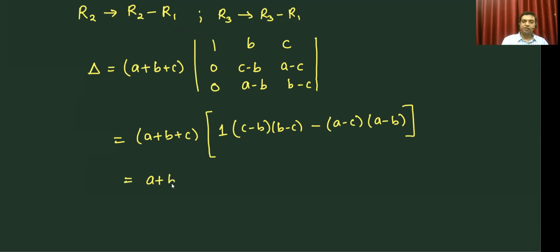We get A plus B plus C times, this is minus of B minus C the whole square.